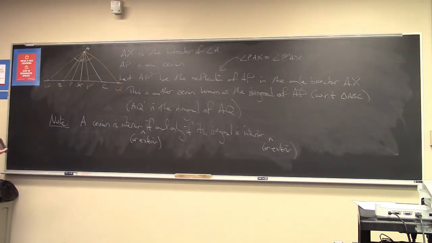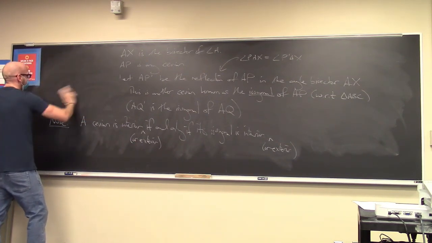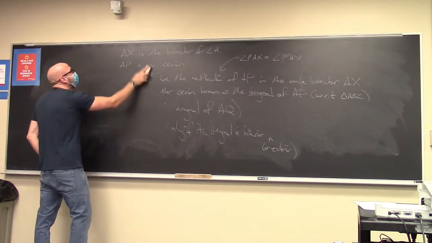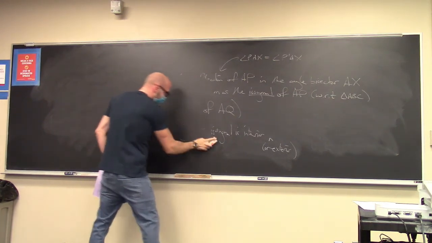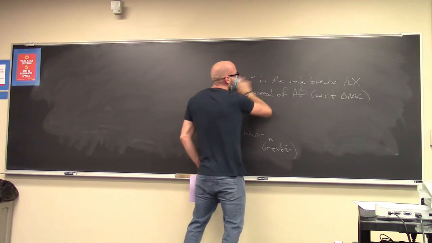All right, so the first theorem I want to prove is about concurrence of Chevians and their isogonals. And it's a really big deal. It's sort of the first fundamental fact about isogonals.